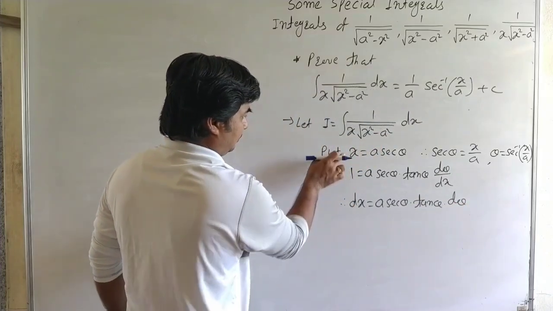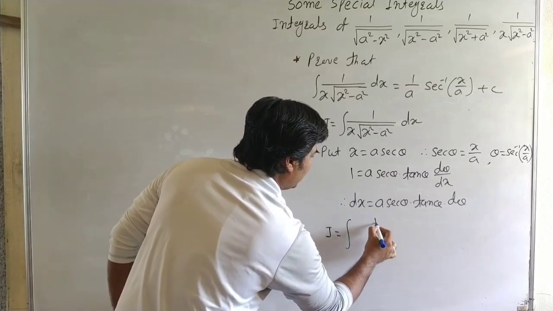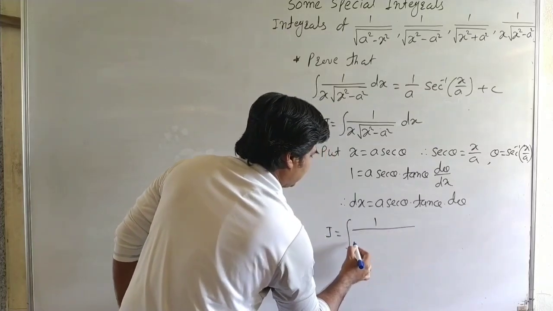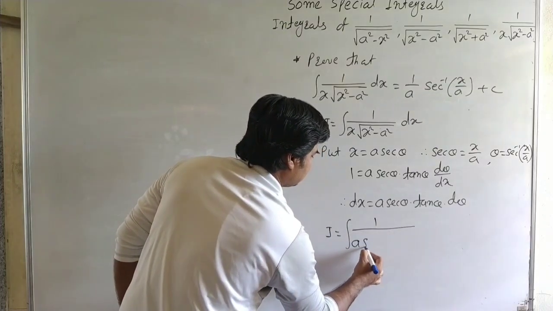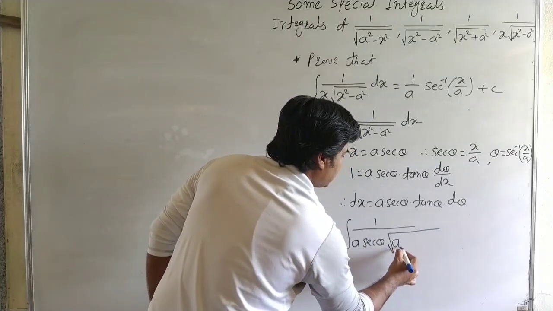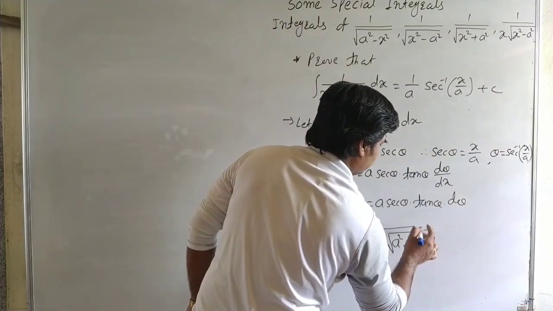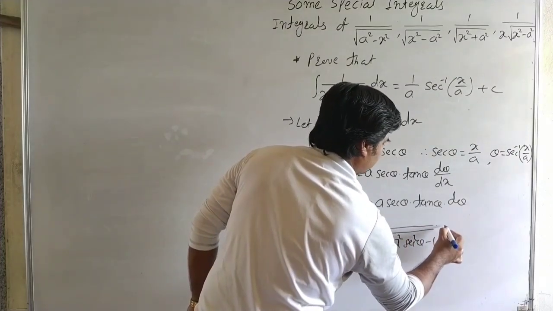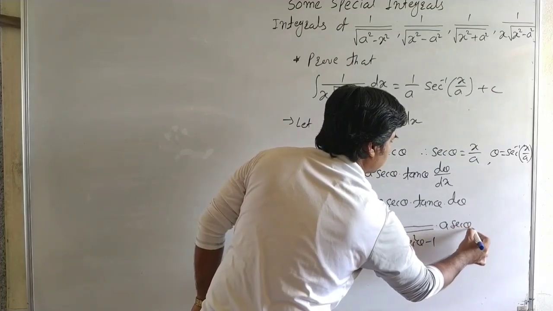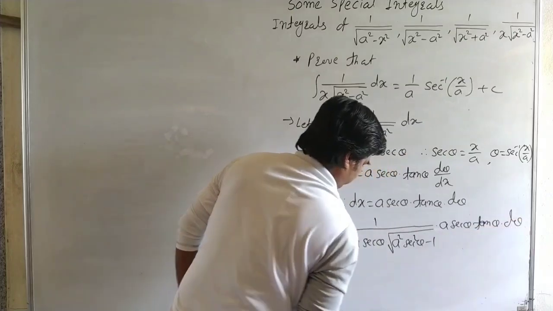Put these values in the integral. 1 upon x, it is a sec theta, into under root of a square sec square theta minus 1, and into a sec theta tan theta d theta.